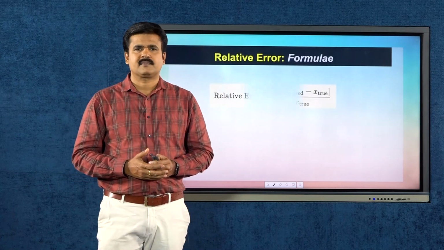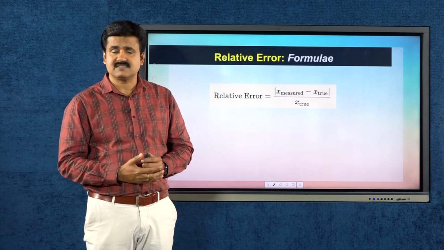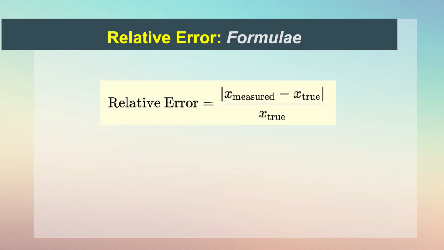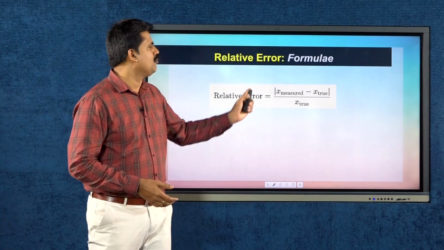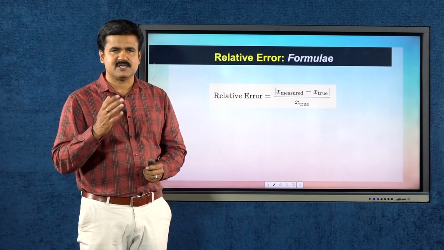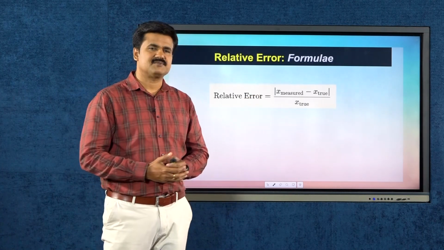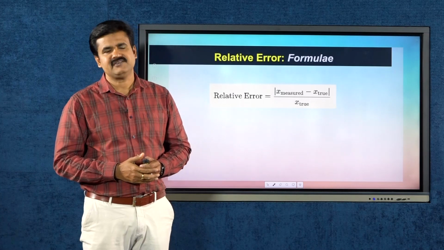Now, the formula for relative error, this is a familiar concept to you. Relative error is given by absolute error divided by true value. The numerator represents the modulus of the difference between the measured value and the true value, that is, absolute error. You have to divide it by the true value to get the relative error.